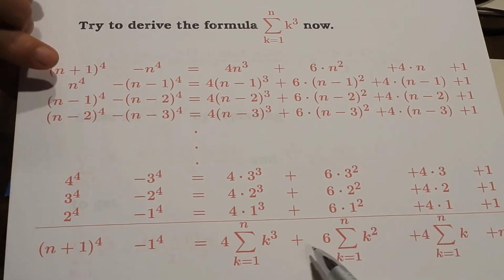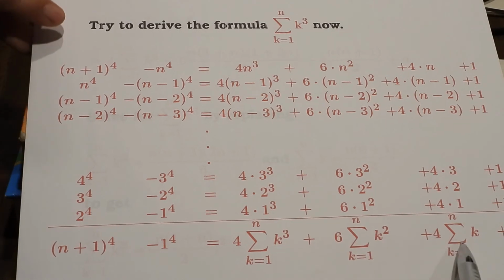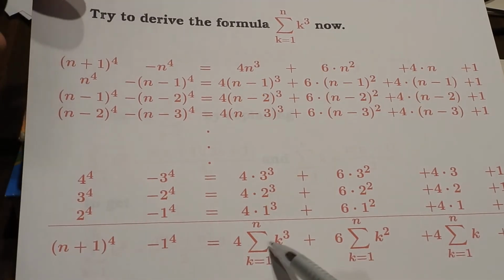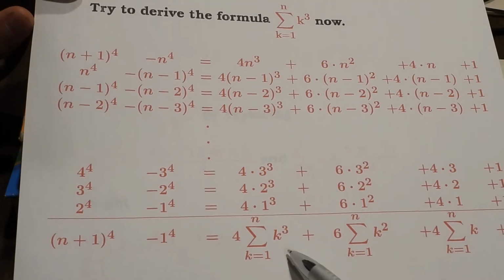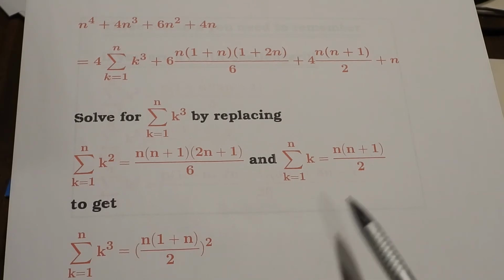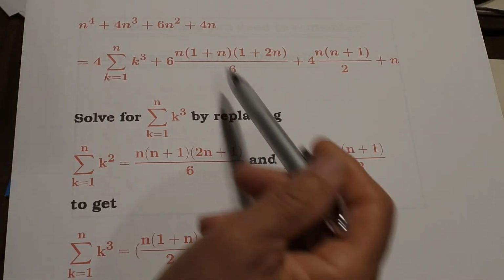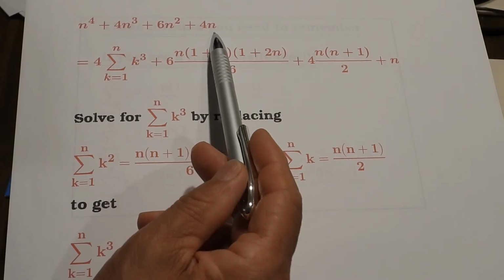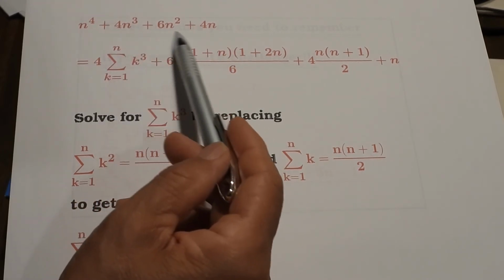Now, we already derived sigma k squared and sigma k in the previous lecture. So we will replace this one and that one by the formulas, and we have left only sigma k cube as an unknown value. On the left side, you multiply out and simplify, then you will have that.